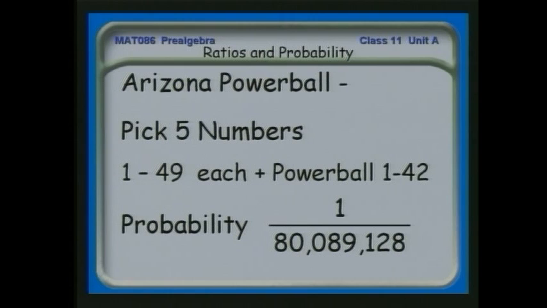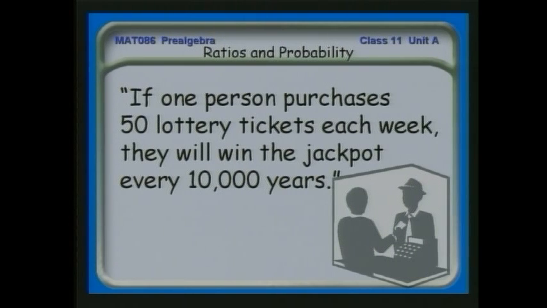It turns out that when you calculate the probability of your picking 5 particular numbers, 1 to 49, and the Powerball number, that ratio is 1 chance in over 80 million. Here's how you can put that in perspective. If you purchase 50 lottery tickets every week, you will probably have a good chance of hitting the jackpot once every 10,000 years.